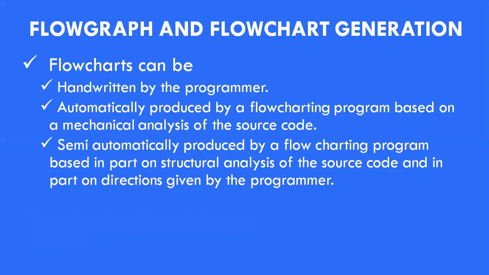So you can draw them by hand, or fully automated using mechanical analysis, or semi-automated, where some part of the flow graph is drawn by the machine and some part of the logic is explained by you.